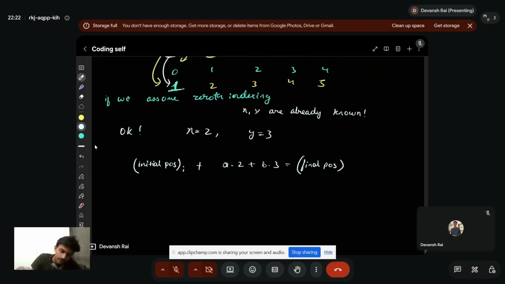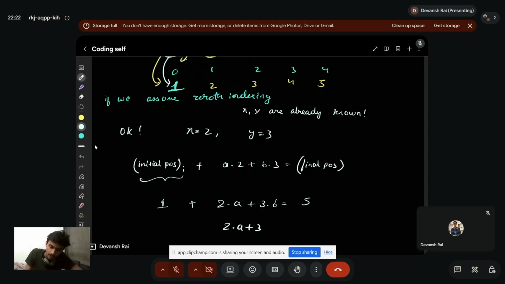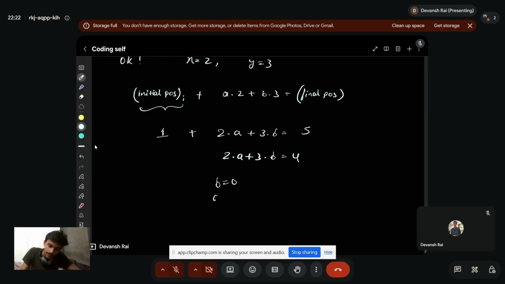So we ask this one question: the initial position is 1, that is a 5, 2 times a plus 3 times b, the final position that we want is 5. So 2a plus 3b is 4. If we put b 0 and a 2, our answer will be yes.